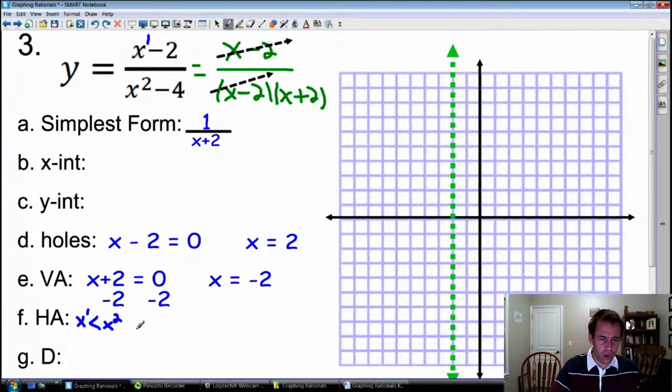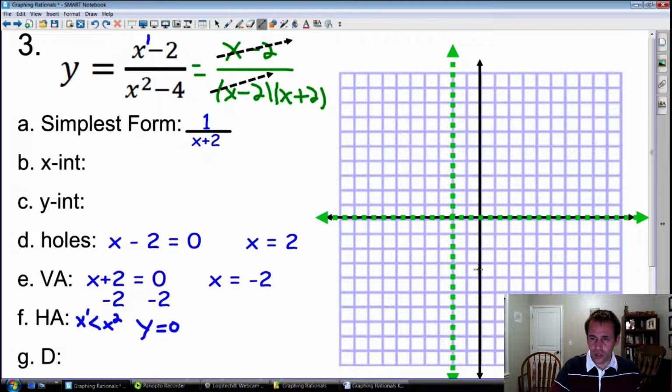Then we have a horizontal asymptote at y equal to 0. So there's our asymptotes there. And then we know we have a hole at x equals 2, so that's going to be here somewhere.